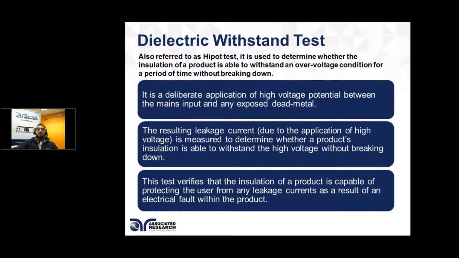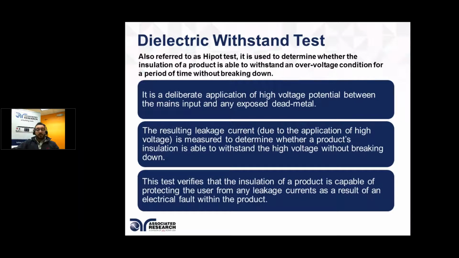So what that means is, basically, during a HiPot test, a high voltage or a high potential is applied between the mains input and any exposed dead metal. For example, if you think about a class 1 product with a line cord that has a line, neutral, and ground, the high voltage is applied by shorting the line and neutral together, and the return connection or the leakage current is measured on the ground or the chassis.